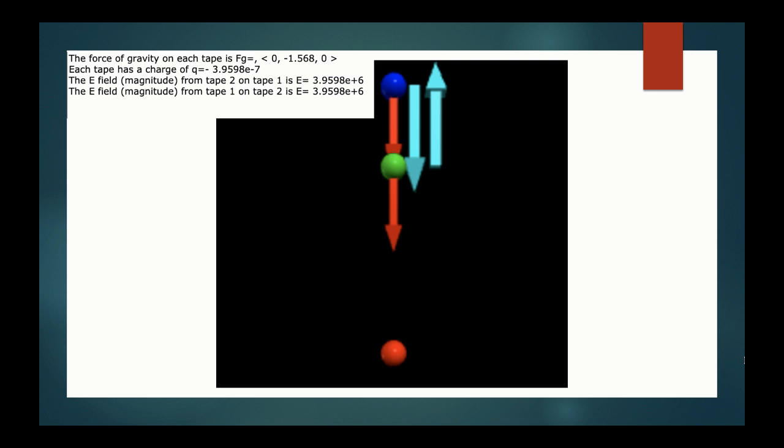So on tape 1, which is the upper tape, it's pointing back towards tape 2, which is the lower tape, because if it was positive at that point, it would attract back to that charge. So if you calculate the force, which is just opposite of the force of gravity, it would actually point the opposite direction of the electric field.